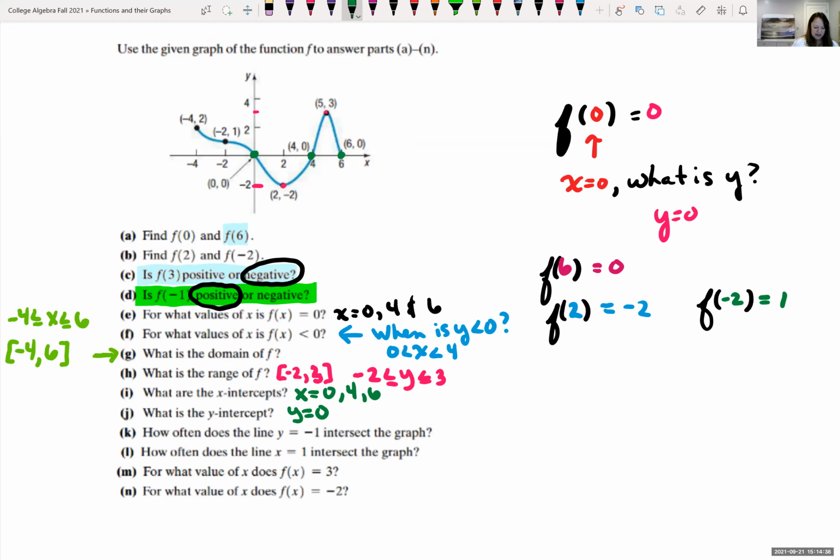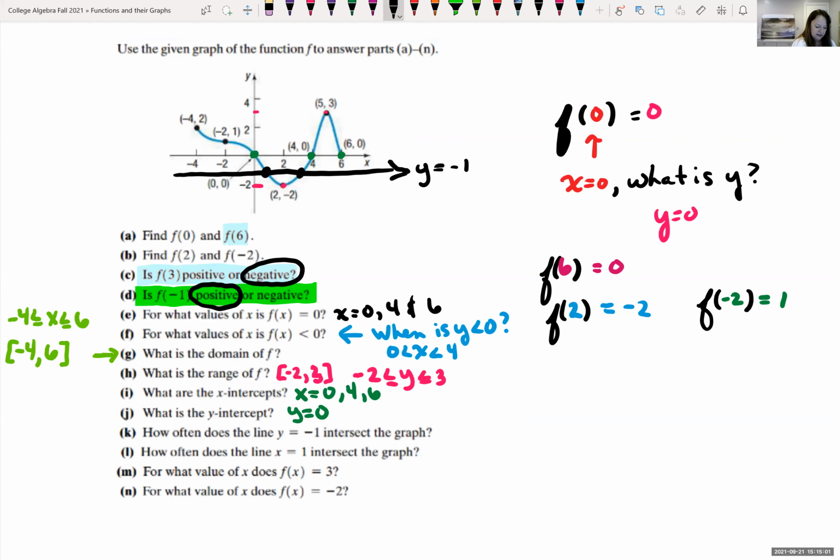How often does the line y equals -1 intersect the graph? So y equals -1 is a horizontal line. If we look at the graph at y equals -1 and look at how many times this crosses the graph, we have 1 here and 1 here.